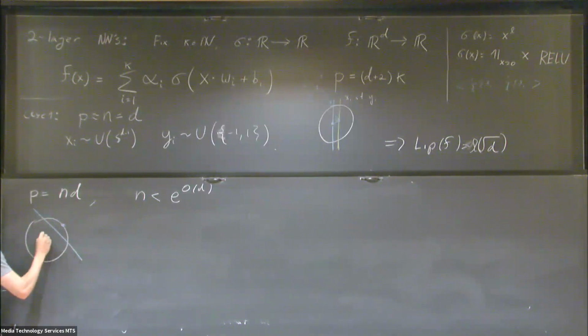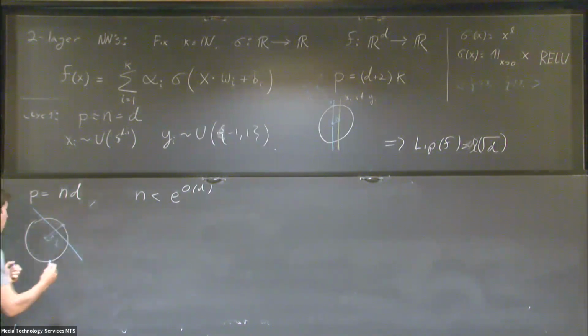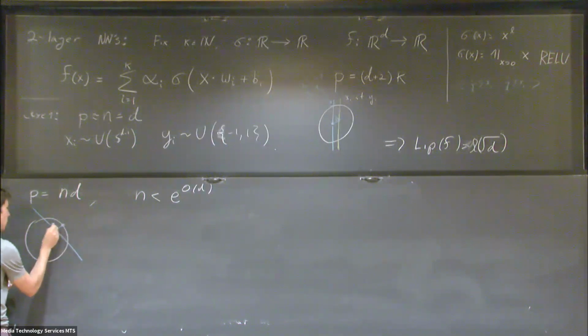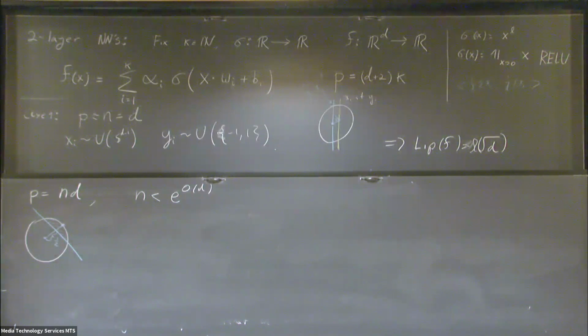If I draw a cap from the origin to the point, this radius is 1, but suppose this distance is 1/2 or something, then this cap has surface area something like e to the minus d. So the probability that I have two points falling in the same cap like this is very small.